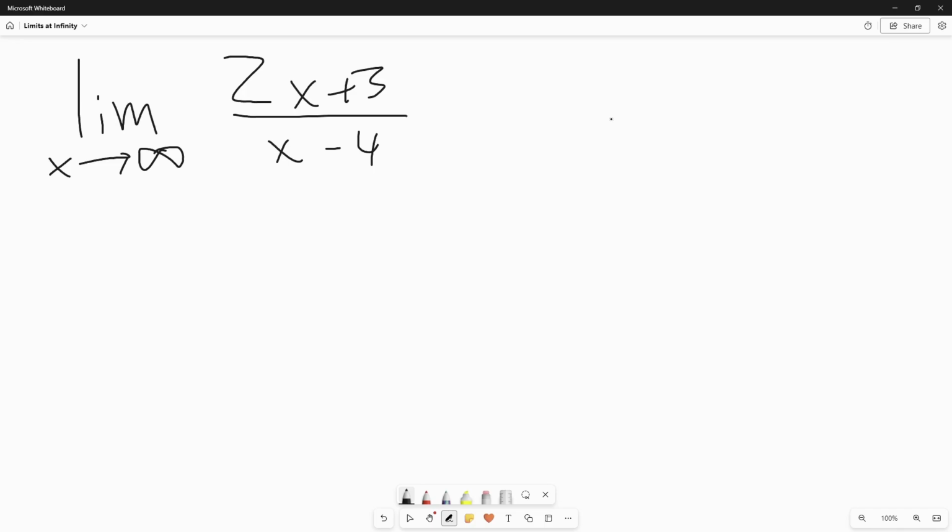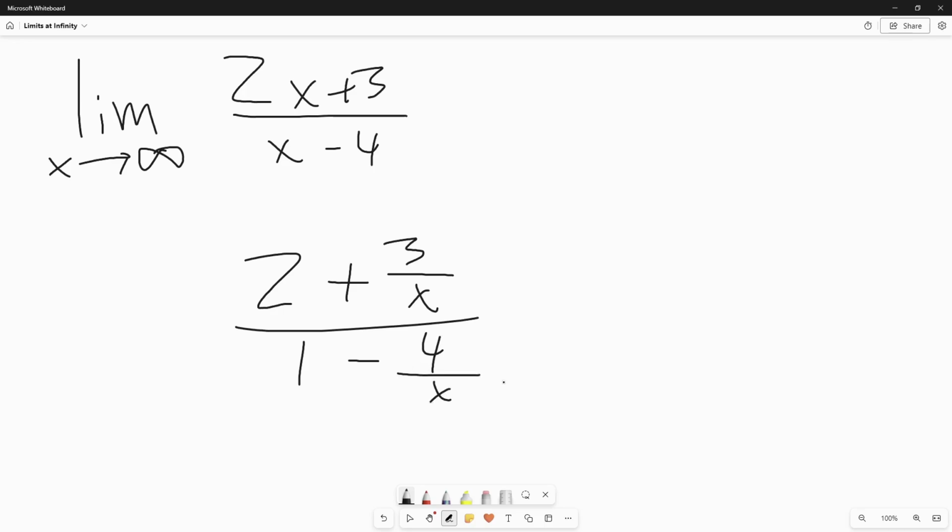For this one, what we can do is divide both the numerator and denominator by x. So we get (2 + 3/x) over (1 - 4/x).